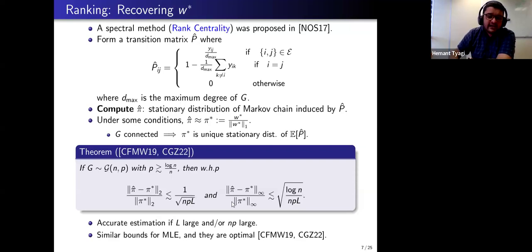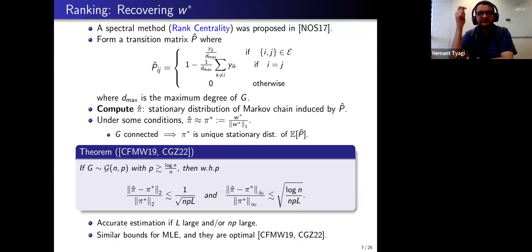Now, one thing I want to mention is why we care about the L infinity bound; the L2 error bound is a bit weak. If you want to recover the ranking of the items, what would you do? Well, you would hope to estimate the latent strength vector W star. And if you estimate it well enough, then from your estimate W hat, you would just sort your strengths and recover the ranking in the natural way. But to be able to recover the ranking globally, you really need an L infinity bound.